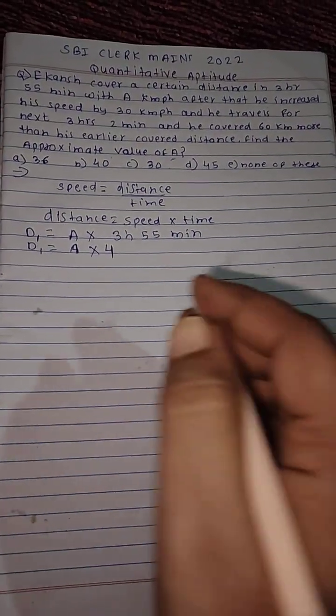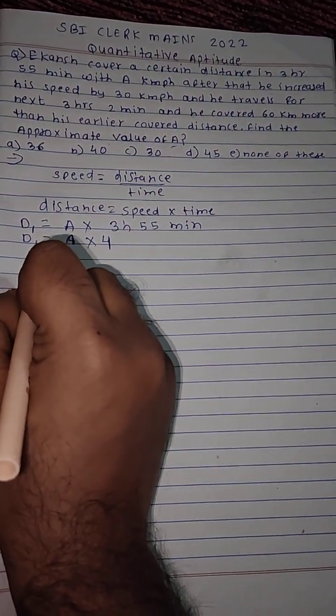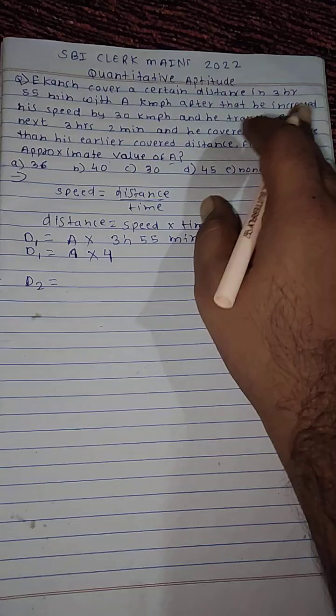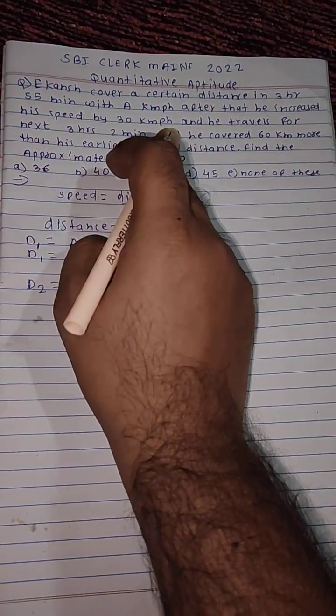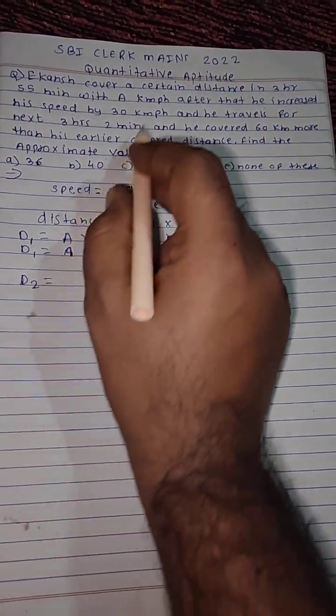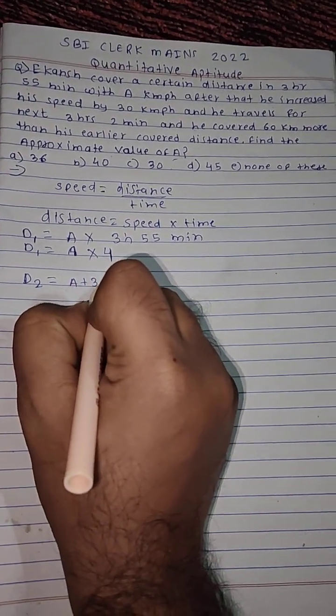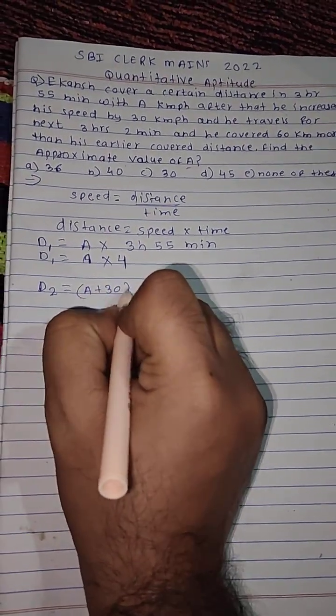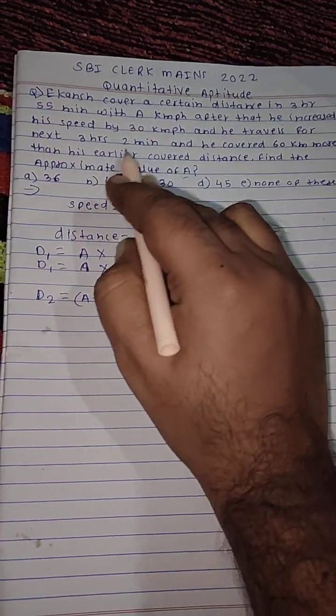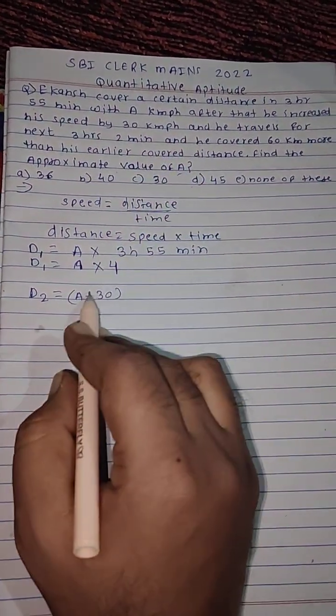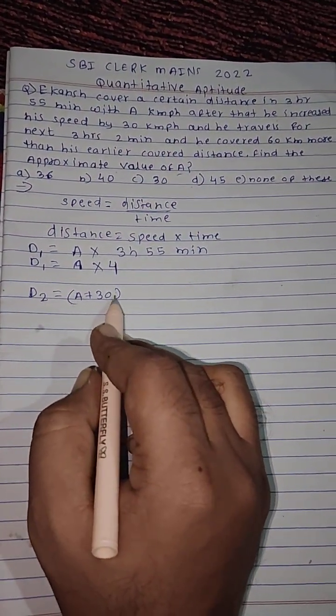Next is the second case. They have mentioned he increased his speed by 30 kilometer per hour. Initially it was A, so the speed is now A plus 30.